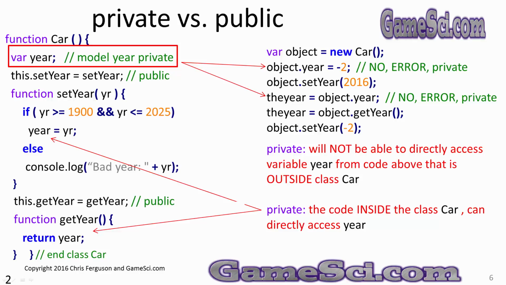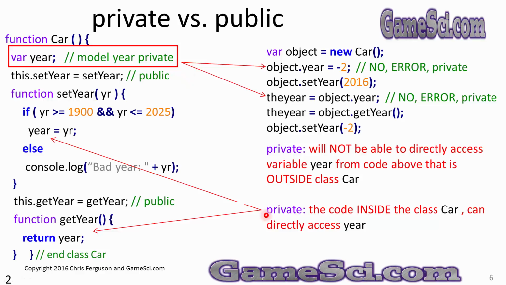First of all, I'm going to declare my var year in such a way that it's private. So when I build my new var object equals new Car, I'm not going to allow direct access to my private variables. Notice where these arrows point to. I'm not allowed to do this because this is a private variable. I'm not allowed to do this because that is a private variable.